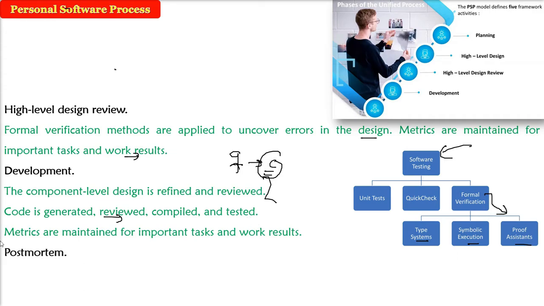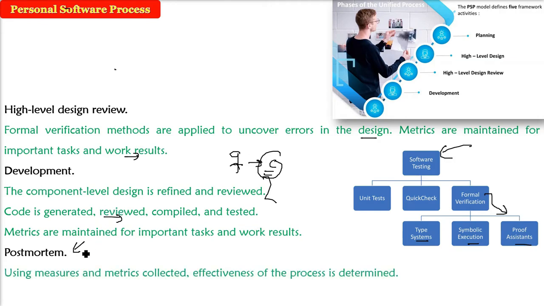Then coming to post-mortem. If somebody dies, the post-mortem is done to know what the cause is, what the reason is. As we are collecting, measuring, estimating all the metrics, we will see the process we have adopted and what the effectiveness of this process is, because we are talking about different kinds of processes.